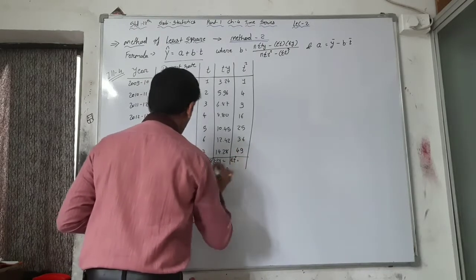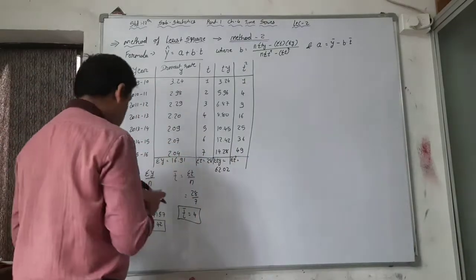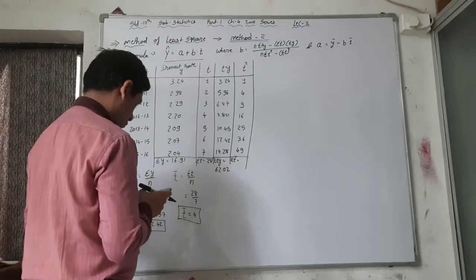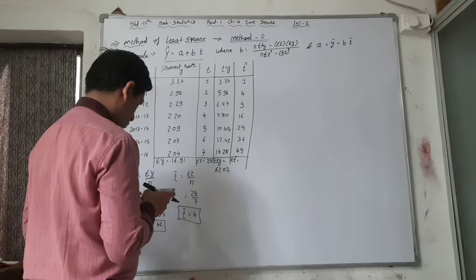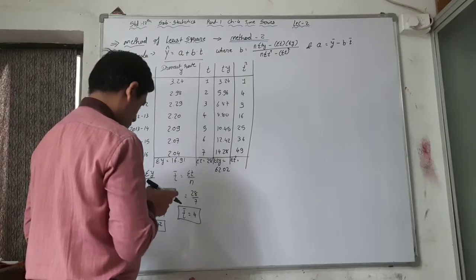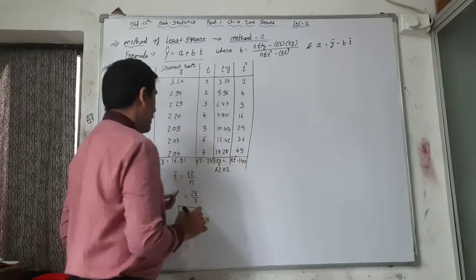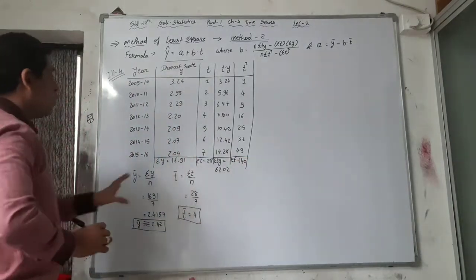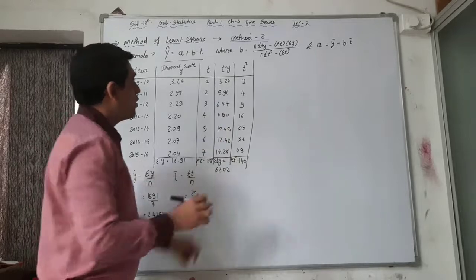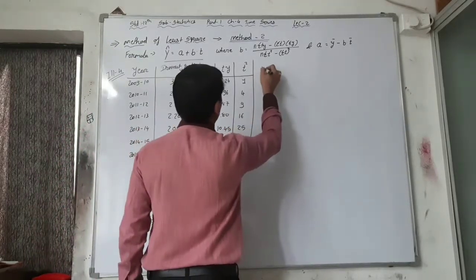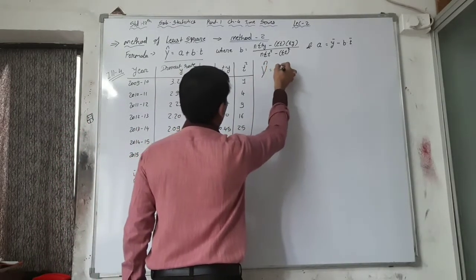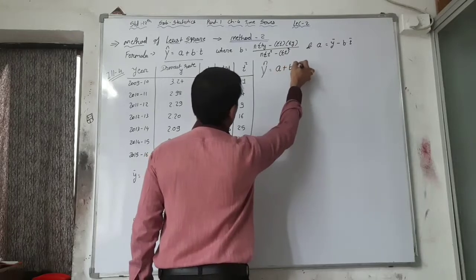Sigma t square is equal to 140, right? So now all the values are here. We just have to put the values in our formula. That is equation y cap is equal to a plus bt.